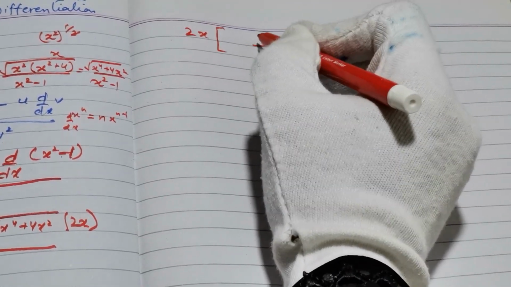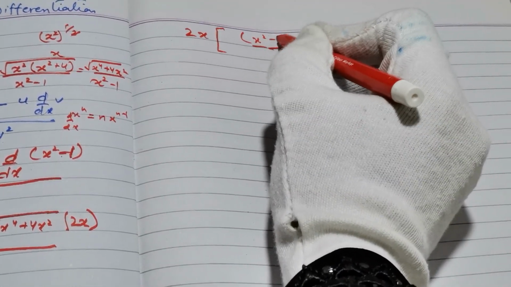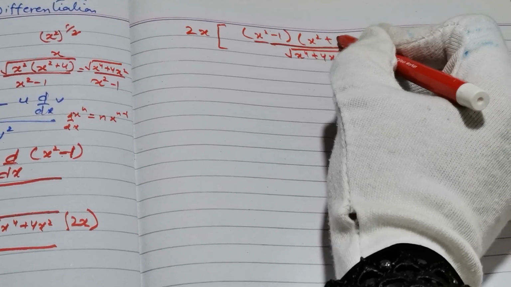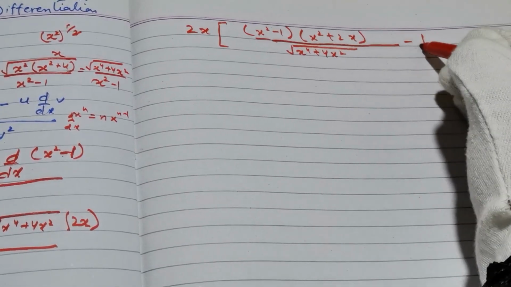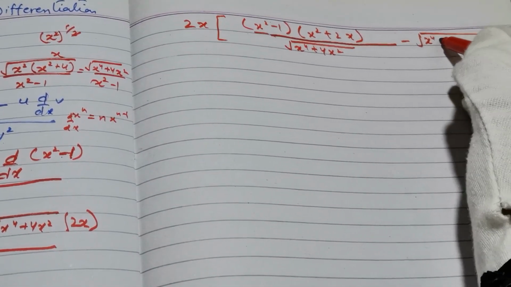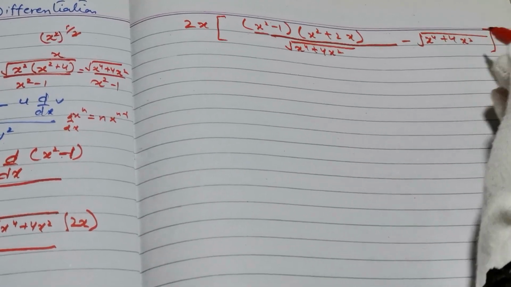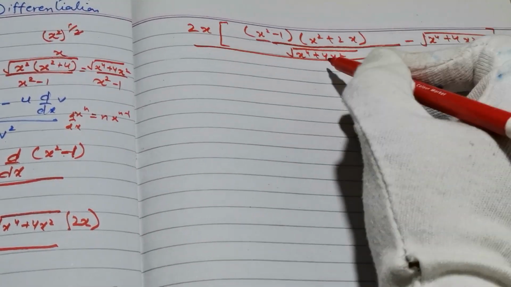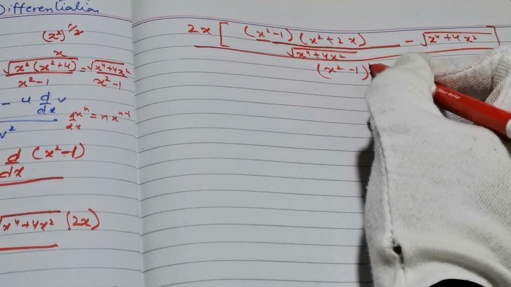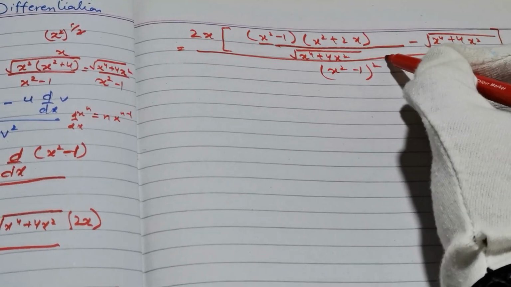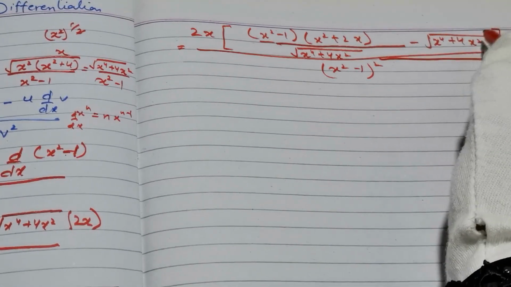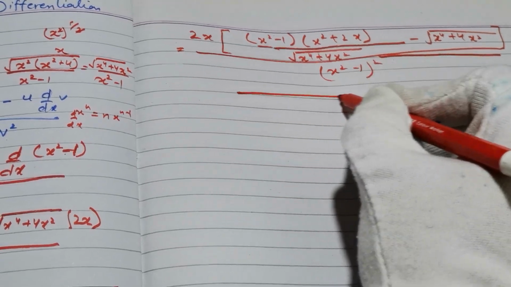So again, first of all we will write, then we will take derivative, so we can understand this question easily. Whole divided by x square minus 1 whole square. Now we will take LCM.